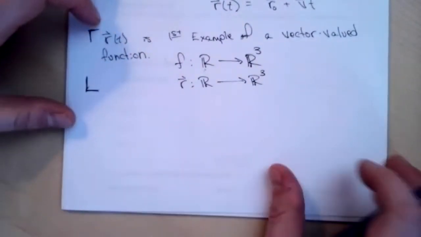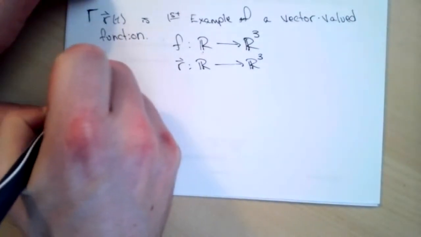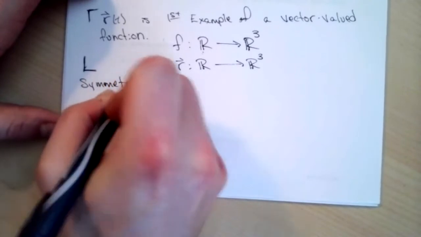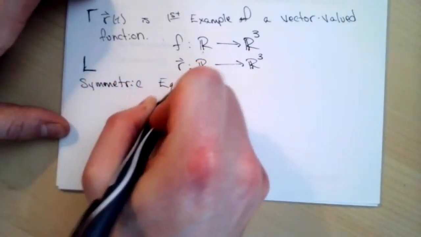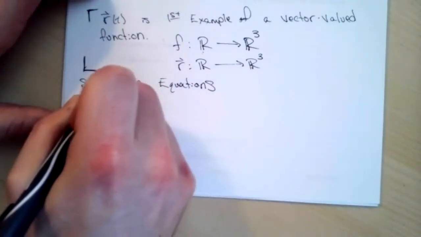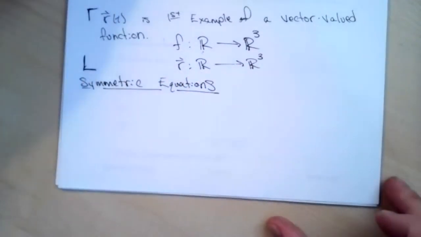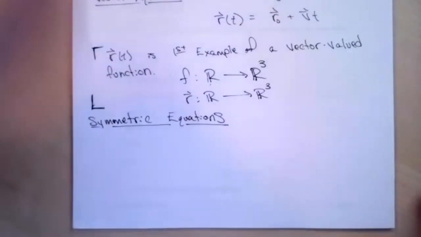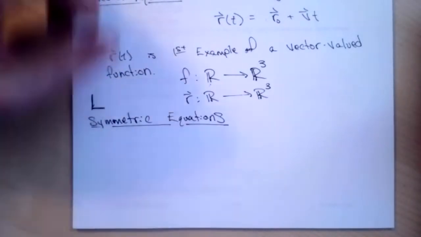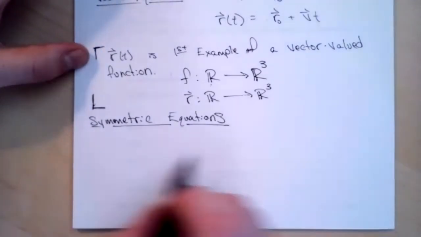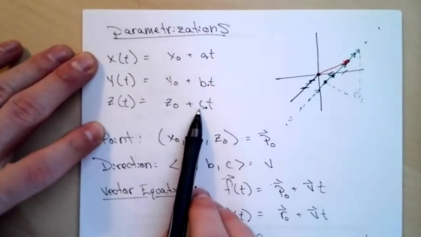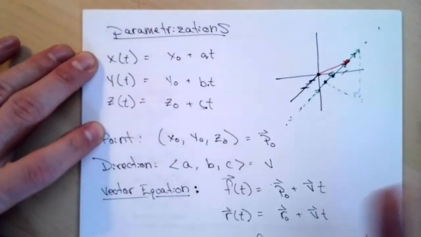And so this brings us to what we call our symmetric equations. If we take a look at our parametrization up here, what do we want to do with our symmetric equations?